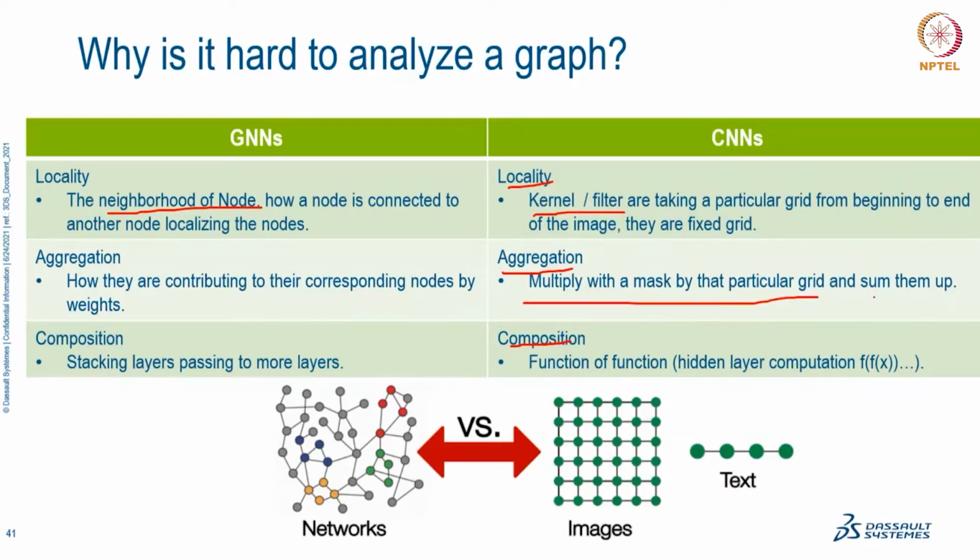That is aggregation in the sense of CNNs. But in a graph, we understand how each node is affecting the input node. For example, if this yellow node is there, then how do this gray node and this yellow node affect that node?